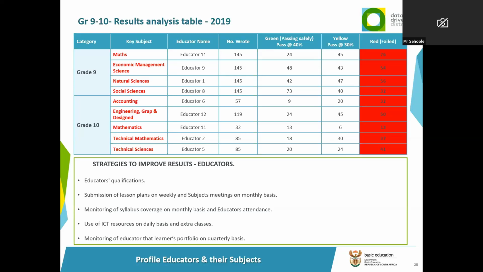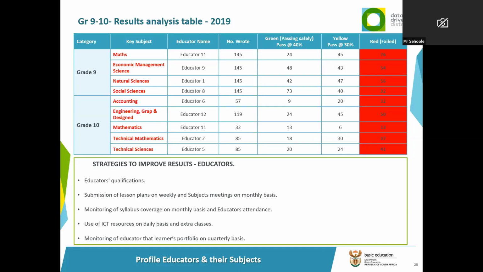A teacher who is absent must recover the time lost, because once the teacher doesn't do that, obviously the curriculum coverage is going to be behind. So that is why this DDD assisted me to track down these teachers to ensure that they have extra classes, and we monitor their syllabus coverage.